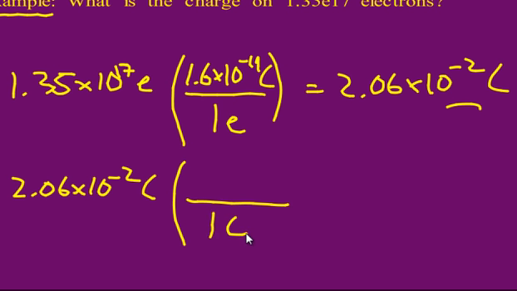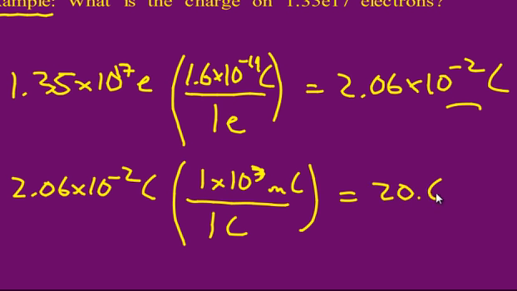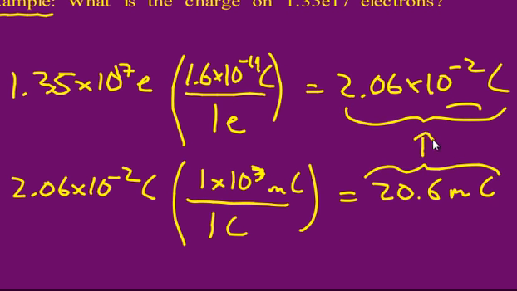For every coulomb, I have 1 times 10 to the third, 1,000 millicoulombs. So you just multiply those two numbers together and you get 20.6 millicoulombs. Just another way to express the same number. These two numbers are exactly the same, just using different units. 12 inches, 1 foot, same length.